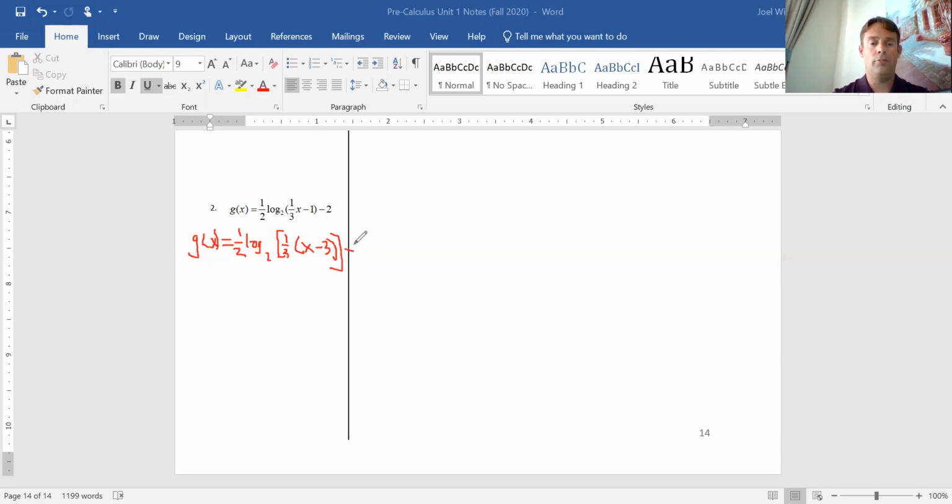I still have a minus 2. So a is 1/2. B is 1/3. Play with some fractions here in a little bit. Our C value, or H value, is 3. And the D value, or the K value, depending on whichever one you use, would be -2.